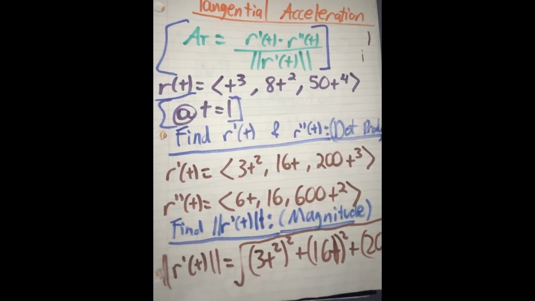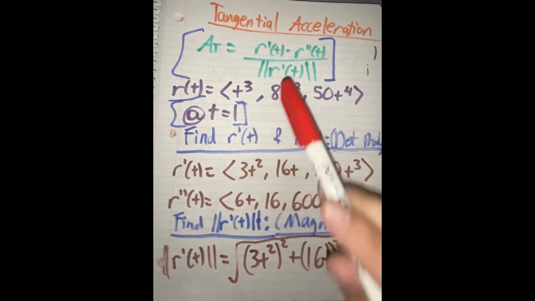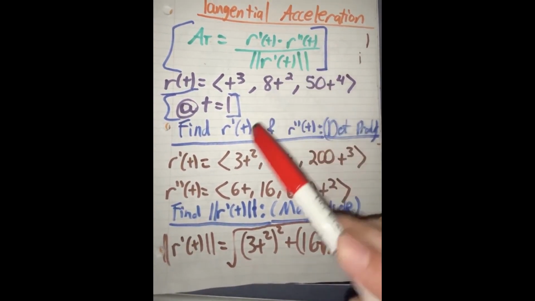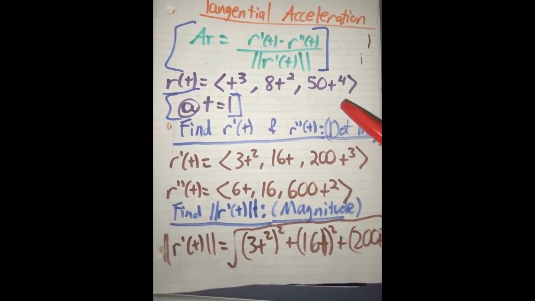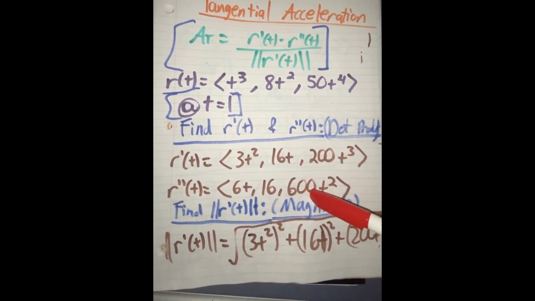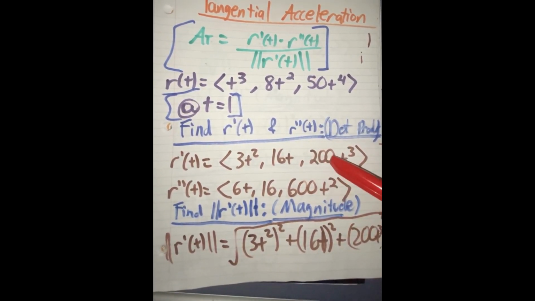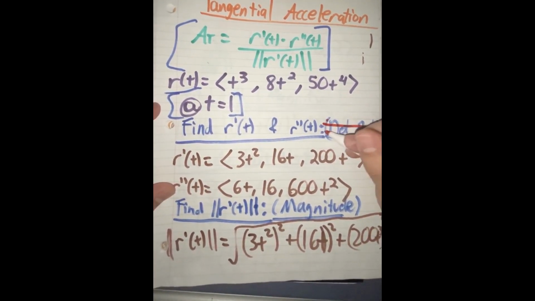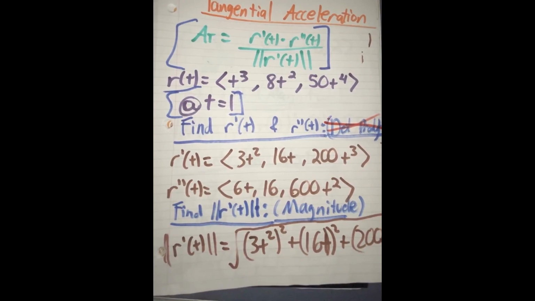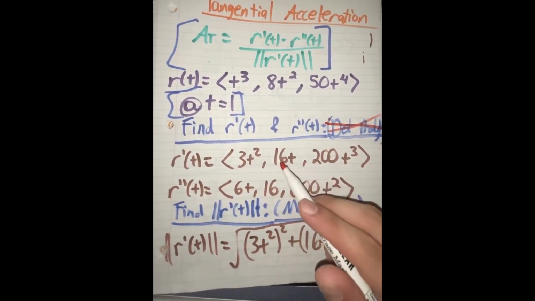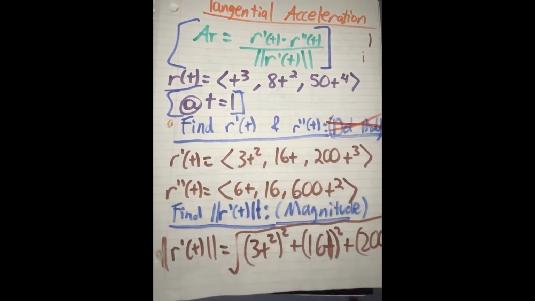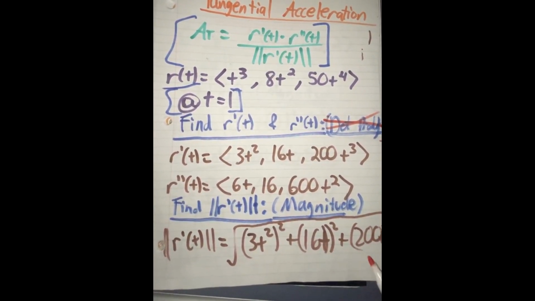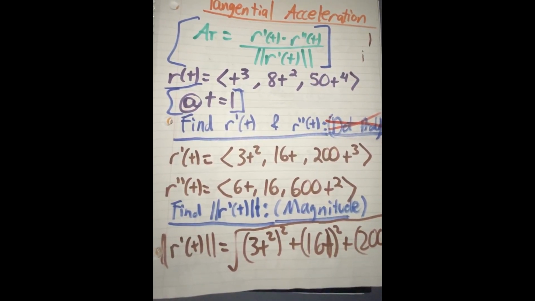So quickly in retrospect, what did we do? We look at the formula, and the first thing we do is we are given a position vector. So take the first and second derivative. Then we find the magnitude of r prime of t. And we do that, a lot of computation.